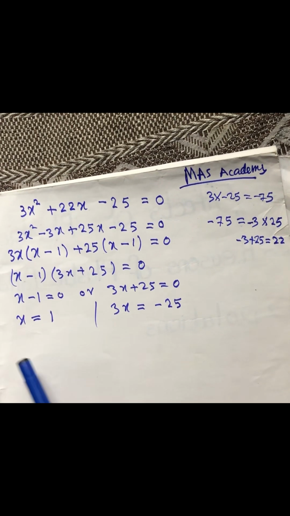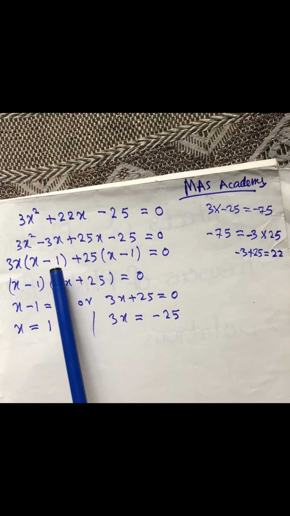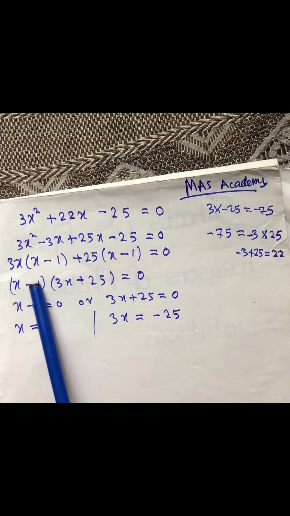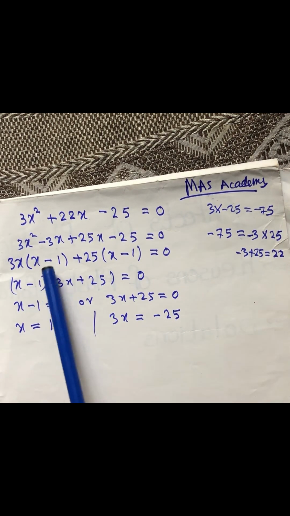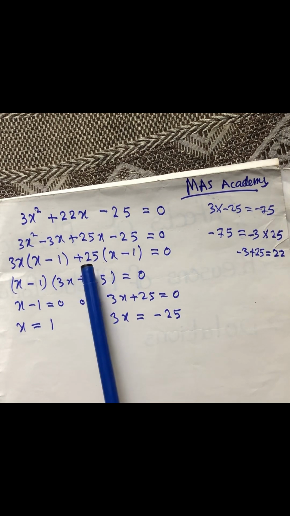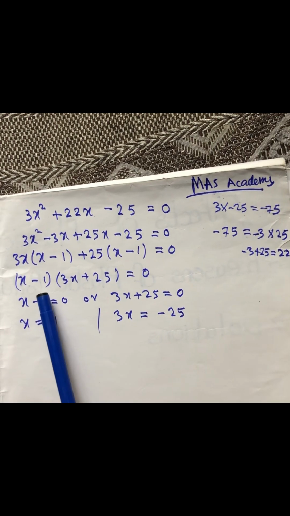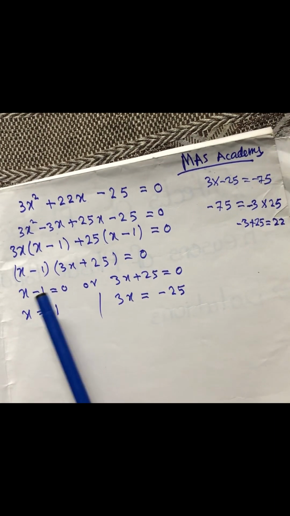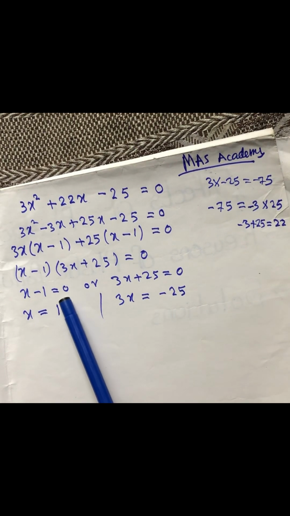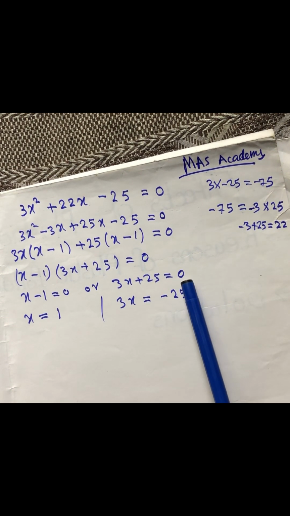As we have reached here, after factorizing, x minus 1 is common, taking x minus 1 common, then 3x is left, and on this side plus 25. Further, x minus 1 is equal to 0, or 3x plus 25 is equal to 0.